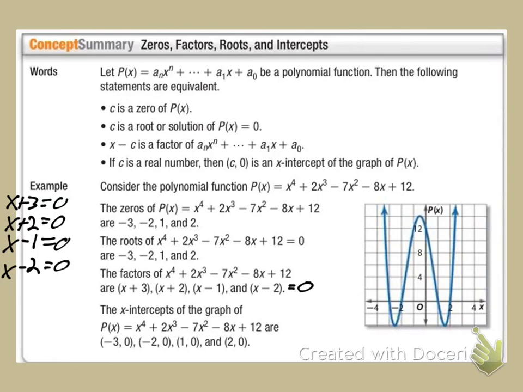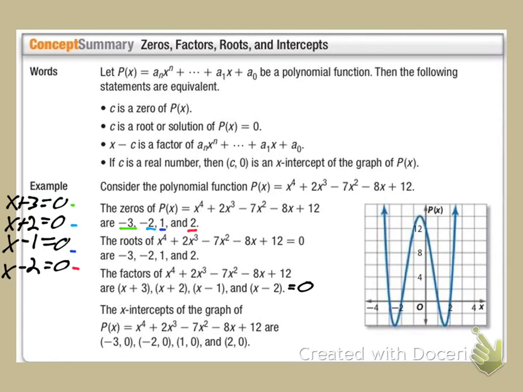What's x plus 3 equals 0? Solve that. What's that? -3. What's x plus 2 equals 0 solved? What's x minus 1? Oh, wrong one. Lost track where I was. And then x minus 2. See my point here?